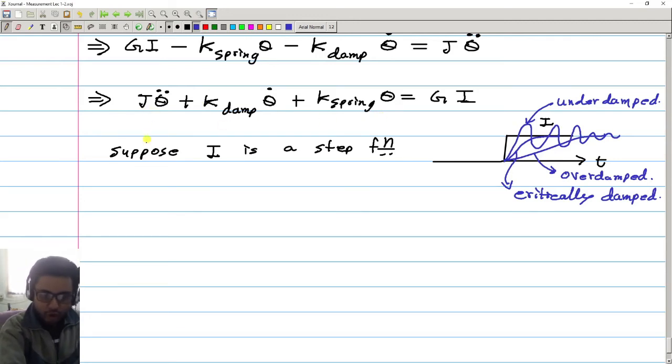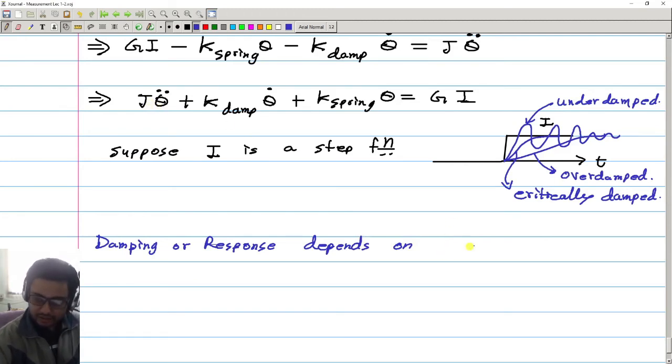But finally you all know that whether the response will be underdamped, overdamped or critically damped depends on this factor, root over the square of this thing, K damp squared minus 4 J K spring, like b squared minus 4ac.